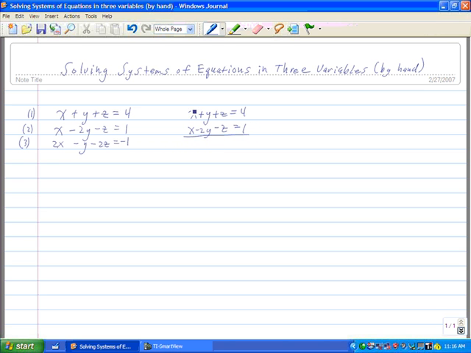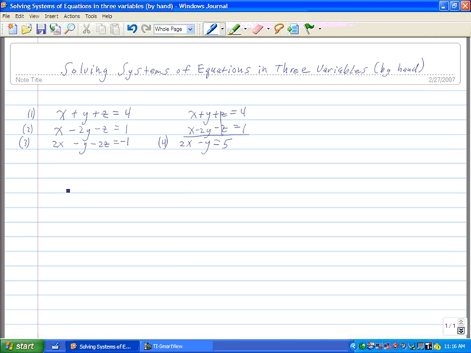When I add vertically here, I get a 2x, a minus y, the z's cancel, and you get a 5. Some people would call this equation number 4, one that I created by eliminating the z.